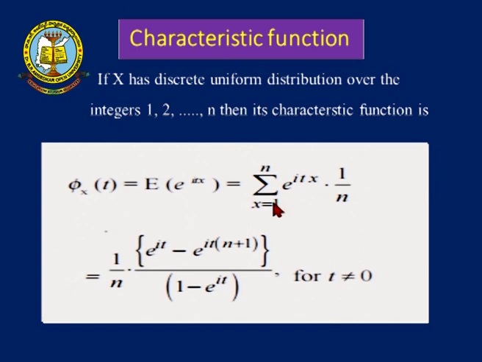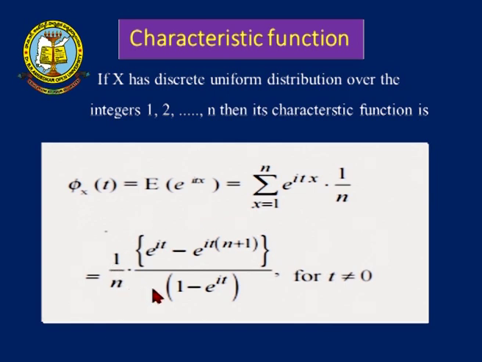If I take x equal to 1, that is e to the power of it, and e to the power of i2t, and so on like this. After simplification of this expansion, we get e to the power of it minus e to the power of it of n plus 1, divided by 1 minus e to the power of it.